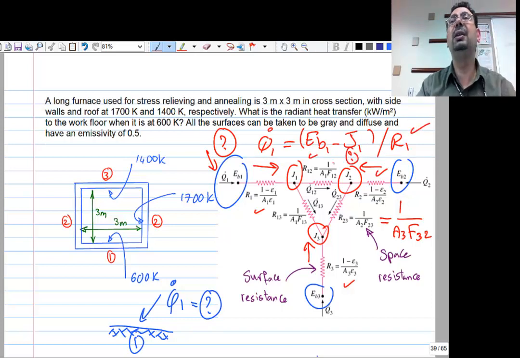It's just the J1 that I need. If I solve for that J1, I'm done. I can get my Q dot 1. So we are getting the Q at surface 1 just from the difference between its black body radiation and its radiosity divided by its resistance. Now the trick is to get this. So what's the plan to get this?